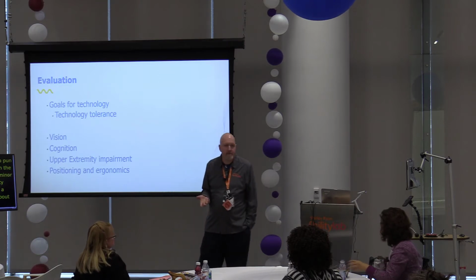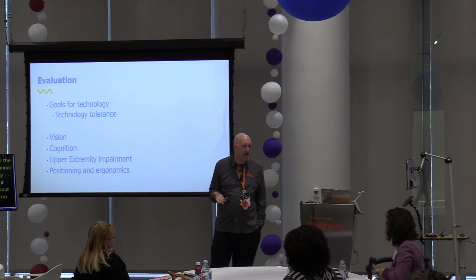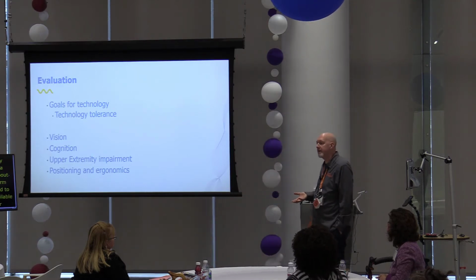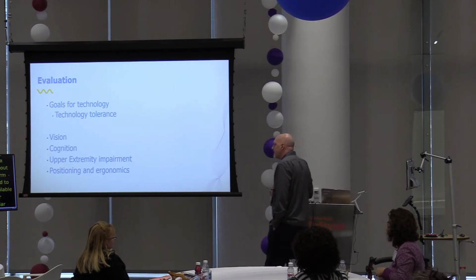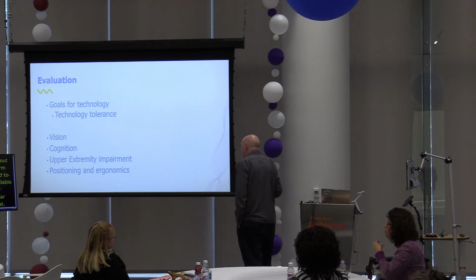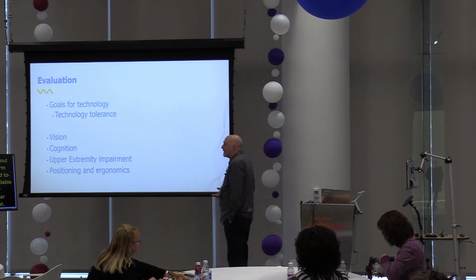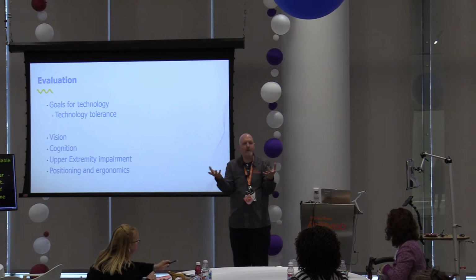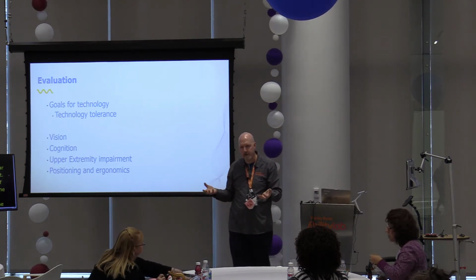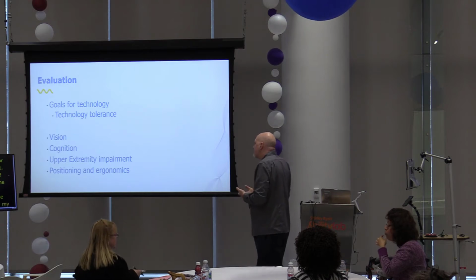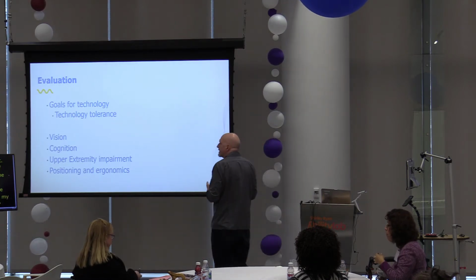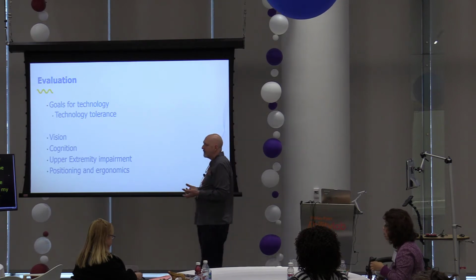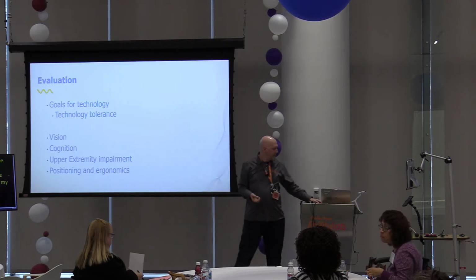There's a lot more options available now just on your smartphone for things like reminders and calendar appointments to try to compensate for some of those issues. I spend a lot of time talking about upper extremity impairment because that influences how I'm operating a given piece of technology, right? I'll talk a fair amount about positioning and ergonomics, although some of that's at a more basic level. So I'll be talking about all those things as we go.